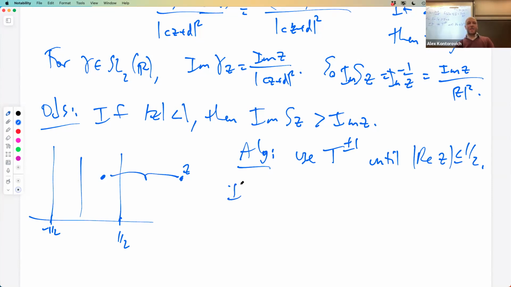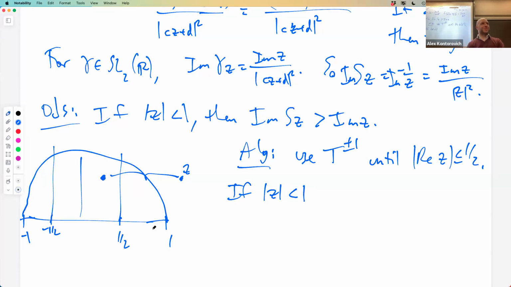Now, if Z in absolute value is less than 1, so where is that? Here's 1, here's -1, so here's the unit circle. If I wind up inside this unit circle, I'm going to apply S. So this is step 1.